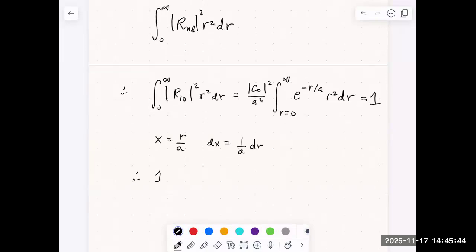So 1 is equal to C0 squared over a squared times the integral from 0 to infinity of e to the minus x dx. The r squared is going to give us a factor of a squared, and the dr is going to give us another factor of a, so we pick up an a cubed, and we get an x squared.